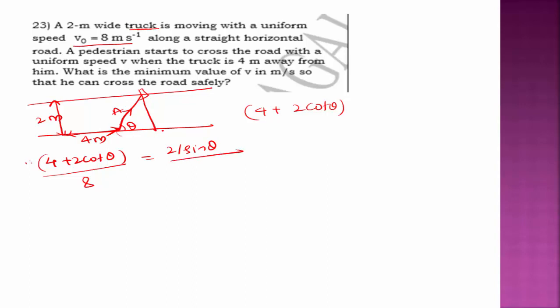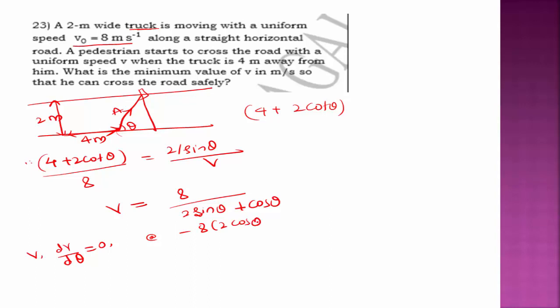What is the minimum value of v? v is equal to 8 divided by 2 sin theta plus cos theta. For the minimum value of v, dv by d theta is equal to 0, or here it is minus 8 into 2 cos theta minus sin theta divided by 2 sin theta plus cos theta whole square.